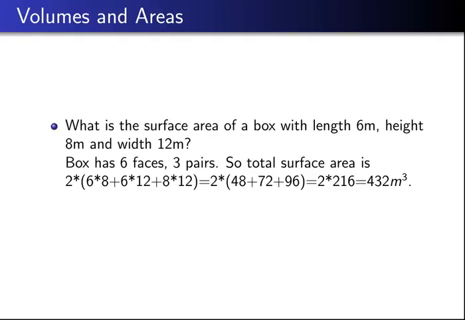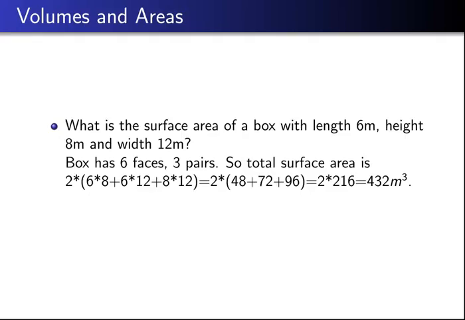So the total surface area is 2 times the area of each of the faces. So we just go through all 3 combinations. So there's 6 times 8 for one face, 6 times 12, and 8 by 12 for the final one.